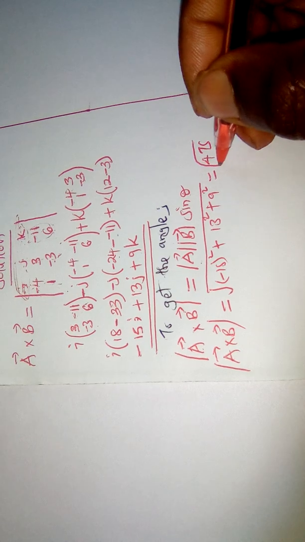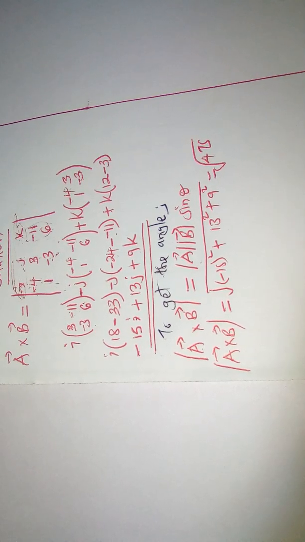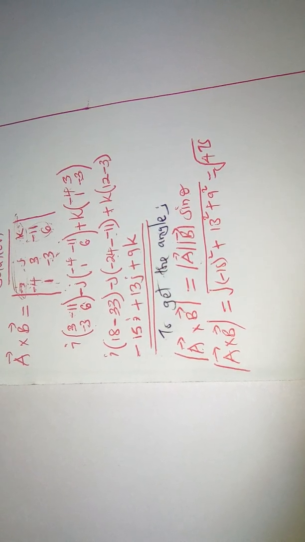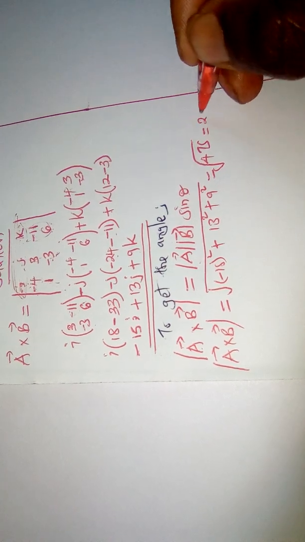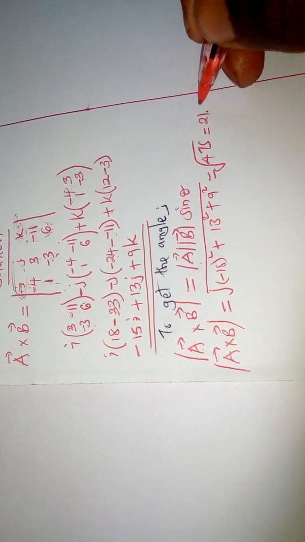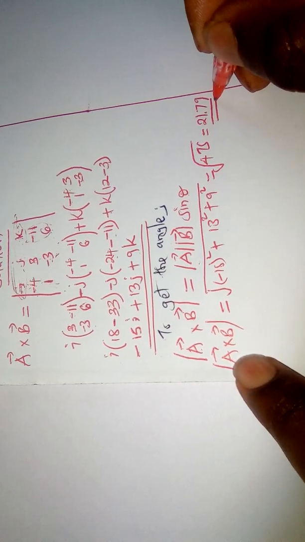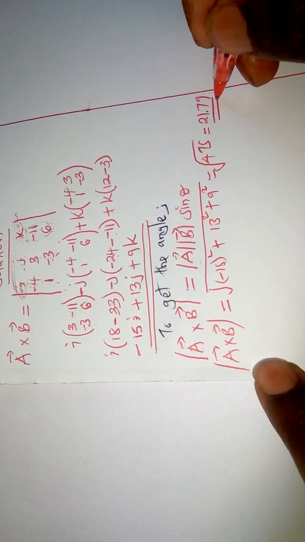When I get the square root of 475, my answer should be 21.79 as my magnitude of the cross product a cross b.